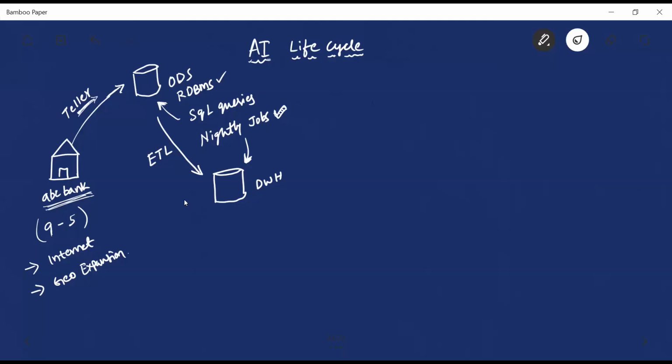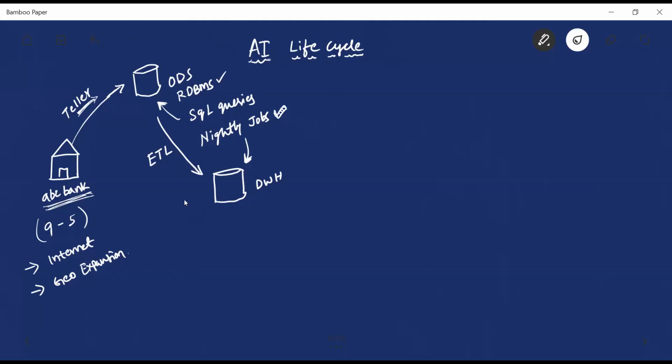So things were going well around 2010, 12, 14, that time frame. A big wave came into place, which is called big data. In big data, people thought that instead of just having structured data, can we also store unstructured data, right?